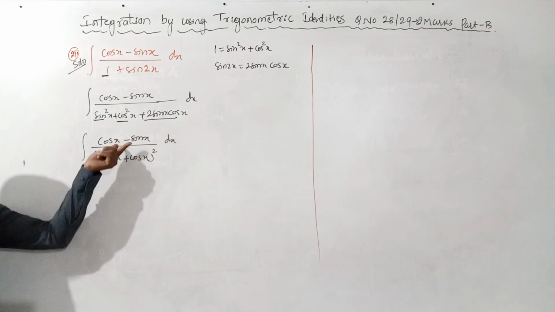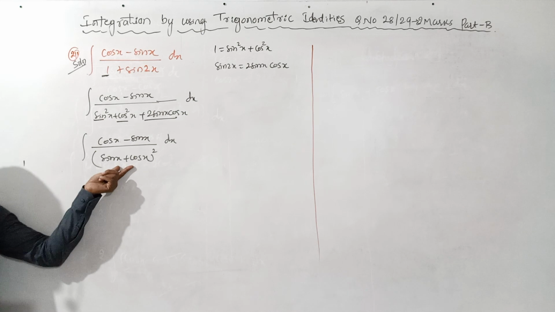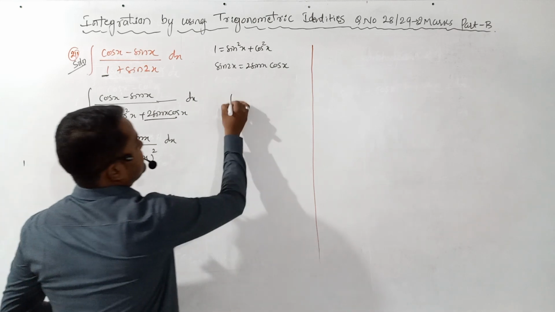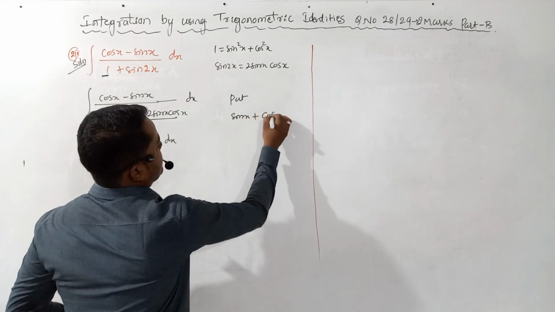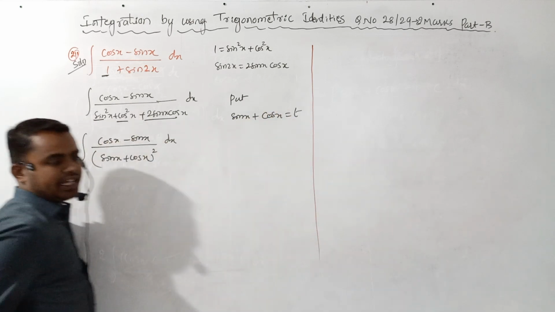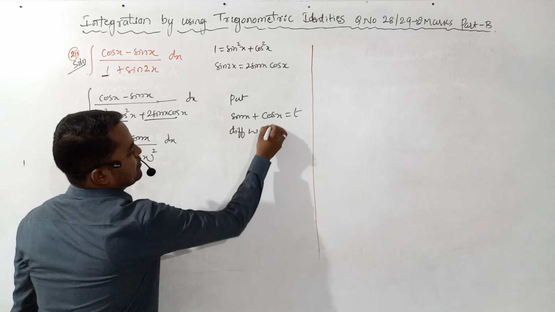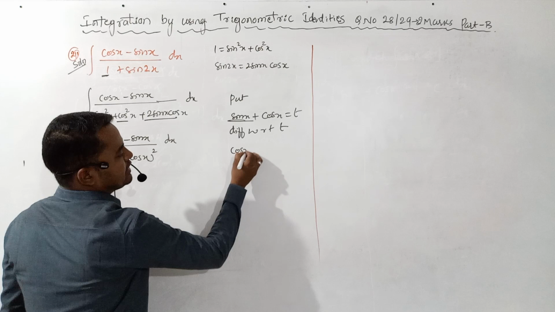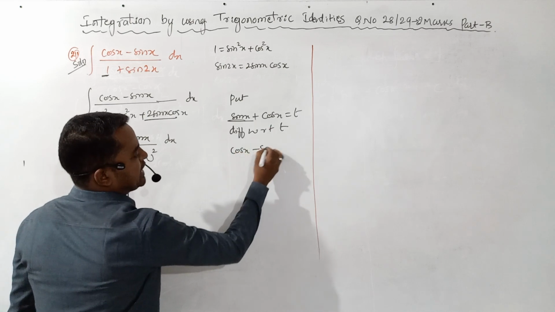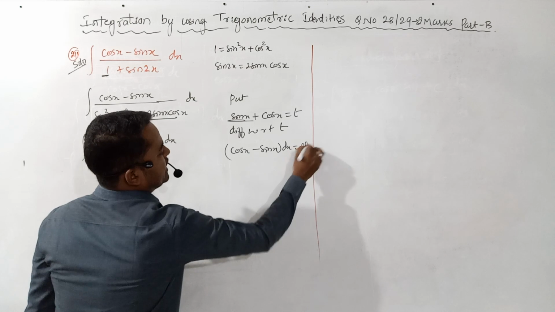See here, this is the derivative and this is the function. By taking the substitution method, put sin x plus cos x equal to t. Now differentiate with respect to x and t. The derivative of sin x is cos x, and the derivative of cos x is minus sin x, dx equals dt.